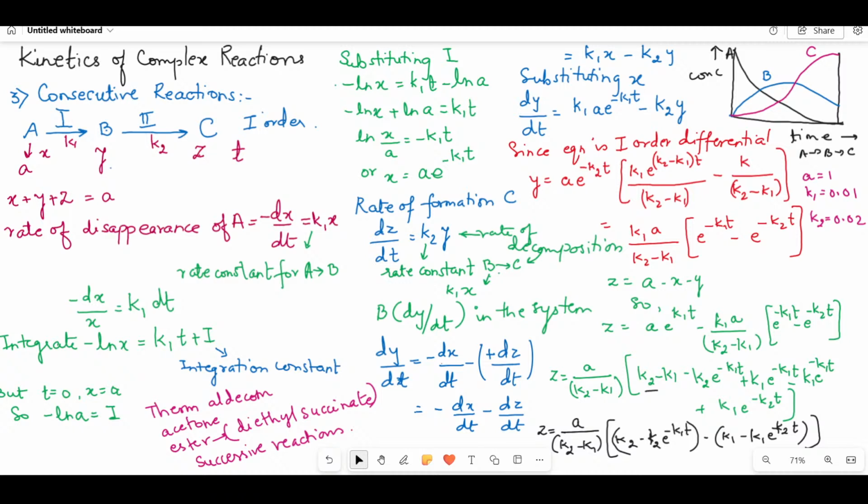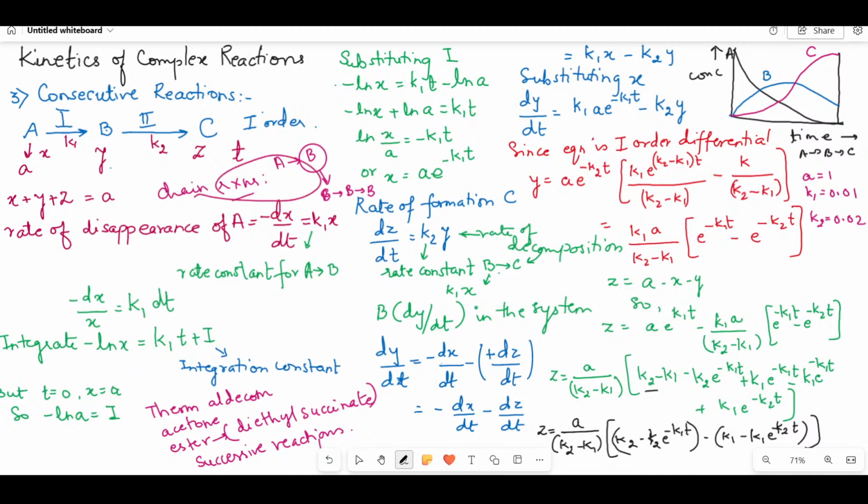So in this topic, I have completed consecutive reactions. Chain reactions: a chain reaction is one in which the product of the reaction, now A is the reactant and B is the product, initiates a long series of self-repeating steps.